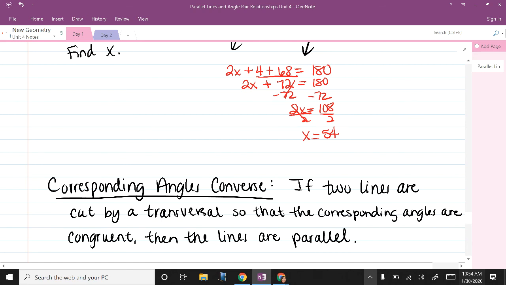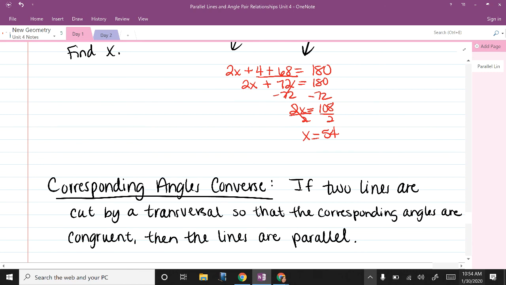So it being a converse statement, that means it's the converse of the corresponding angles postulate. And the corresponding angles postulate said if two parallel lines are cut by a transversal, then the pairs of corresponding angles are congruent. The converse says if two lines are cut by a transversal so that the corresponding angles are congruent, then the lines are parallel.